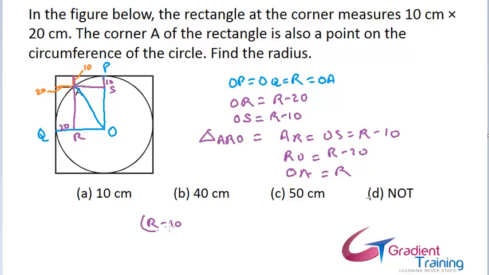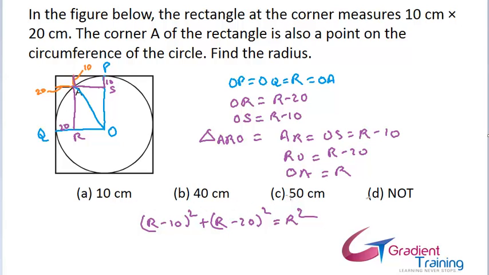R minus 10 whole square plus R minus 20 whole square equals R square. Though this looks like a lengthy equation, please do not solve it. Rather than solving this equation, put the values over here and you will get your answer. From the different options, just put the values and you will get your answer.